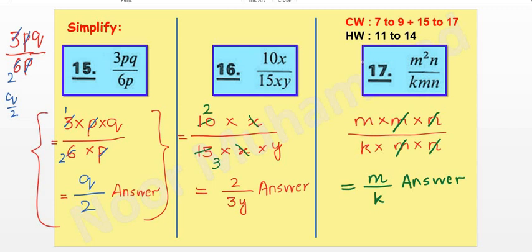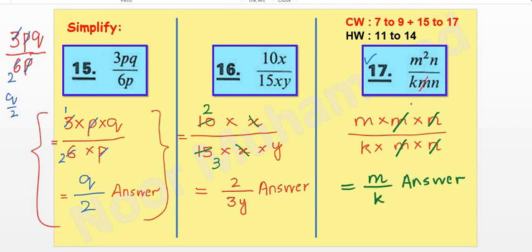Similarly, here in this question number 17, if you want to do like the smart students, what do the smart students do? They simply see what are the similar variables. Now k, and there is no k in the numerator. So for sure the k cannot be cancelled with any of the variables in the numerator. But if I look at the other variables, m squared and m, here I have the greater power of m and here the smaller power of m.